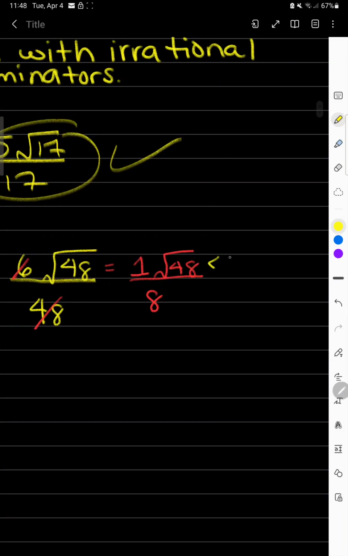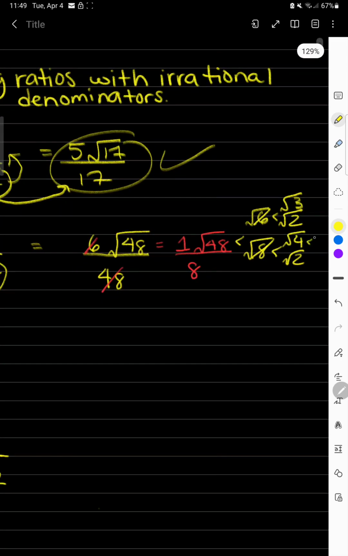That gave us 2 times 2, that was 4, and we had a leftover square root of 3 on the inside. So I'll do that one more time. We did square root of 6, square root of 8, square root of 3 times 2 to replace the 6, square root of 4 times 2 for the 8, and then for the 4, we have square root of 2 times square root of 2.